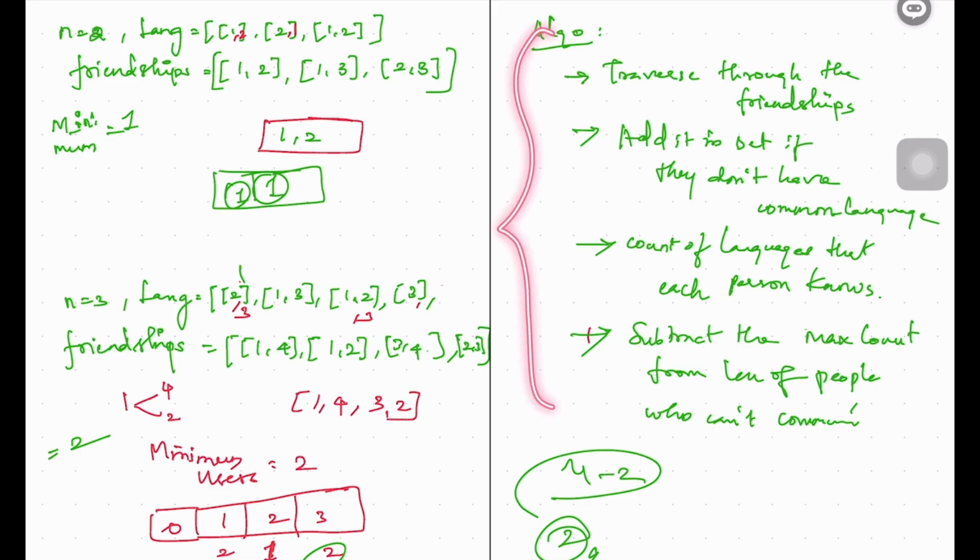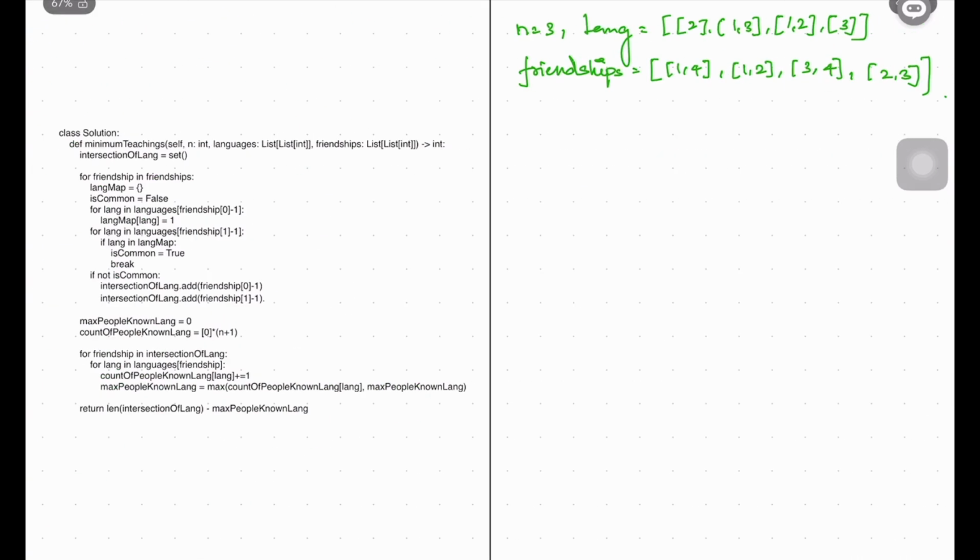This algorithm is clear to you guys. So this is the exact approach that we have used to solve this question. We will be traversing through the friendships, and for each friendship, the first person's languages we will put in a map.